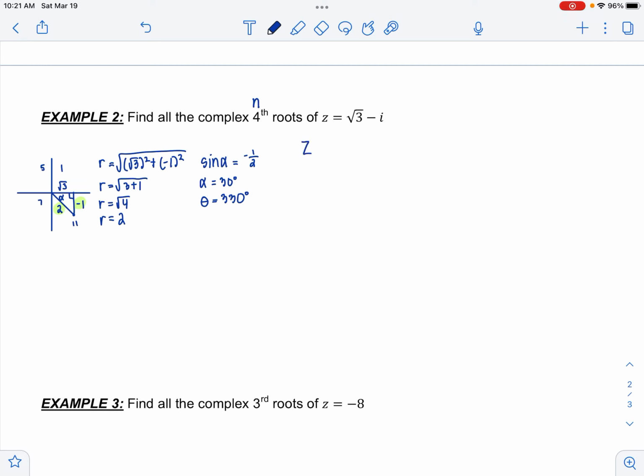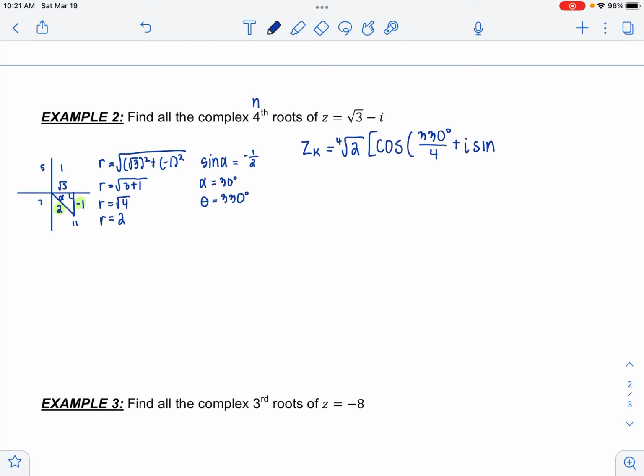All right. So now let's find our 4 fourth roots. So I have z sub k equals, and now I'm going to take the 4th root of r. So here's r, which is 2, 4th root of 2. Cosine of, I need my angle, which is 330 degrees, divided by my n value, which is 4.